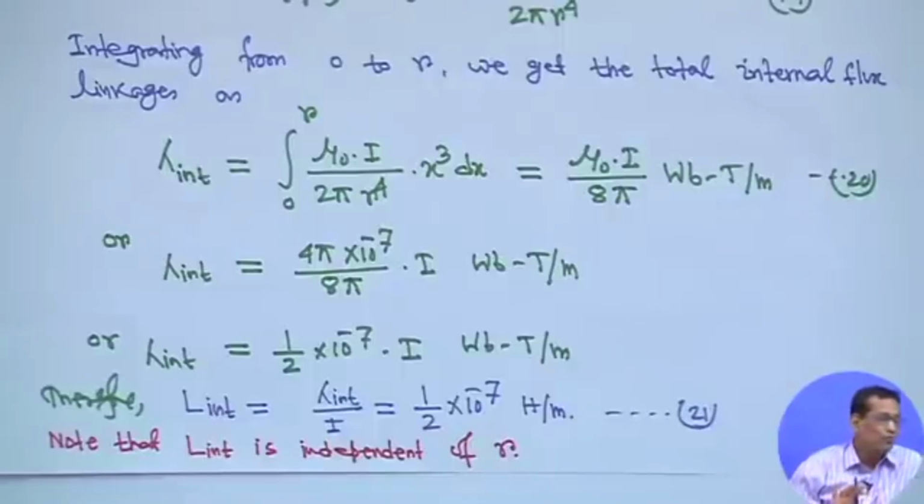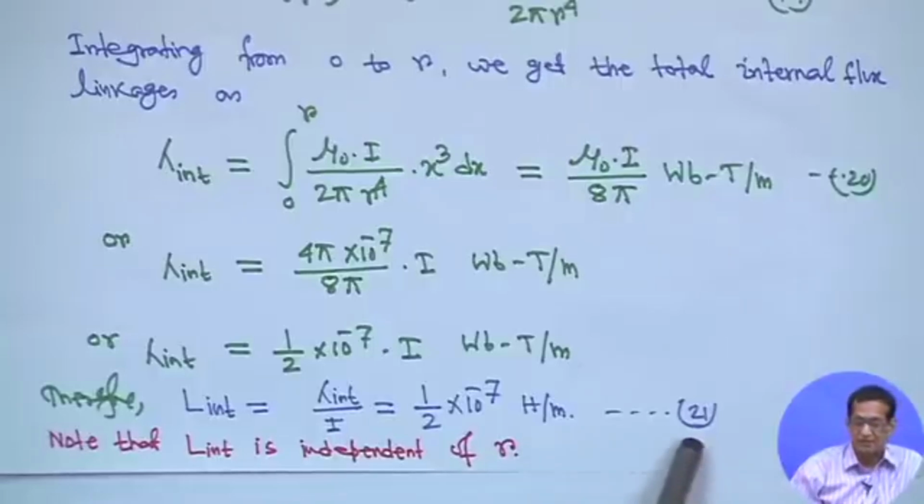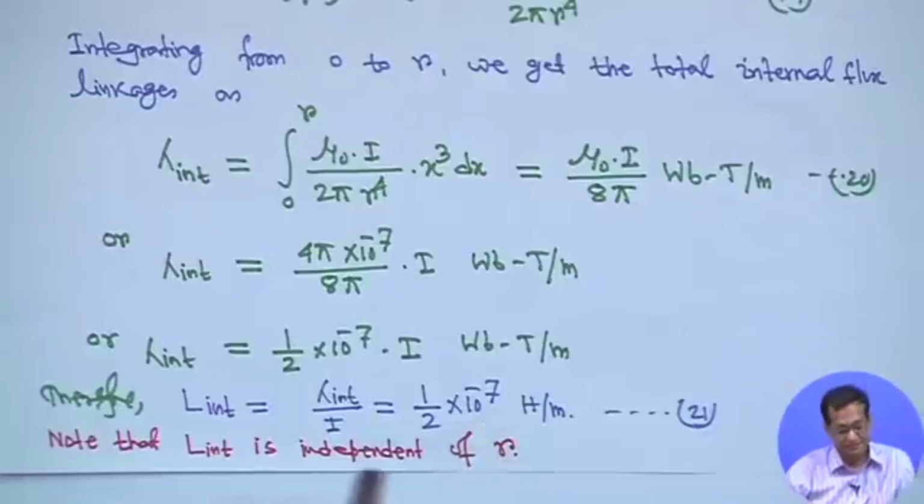Whatever may be the radius or diameter, this L internal is always a constant value, half into 10 to the power minus 7 Henry per meter. This I have marked as equation number 21. So, that is the internal inductance of a current carrying conductor.